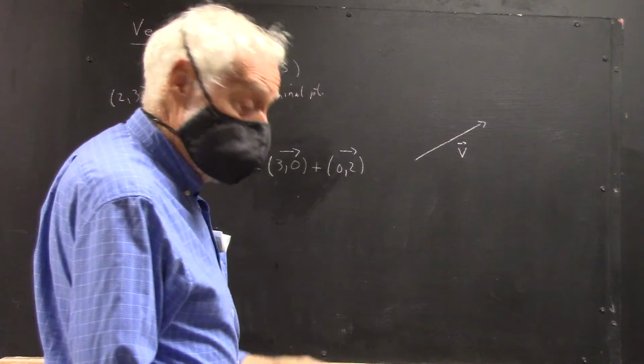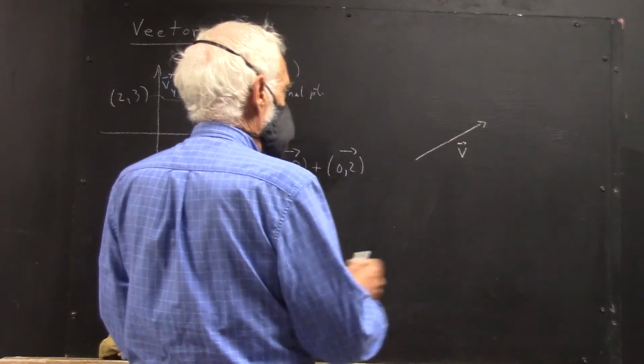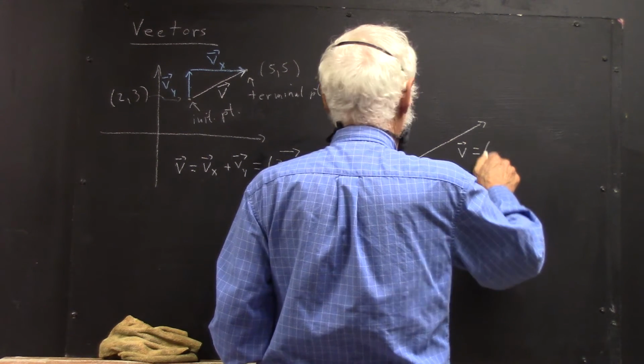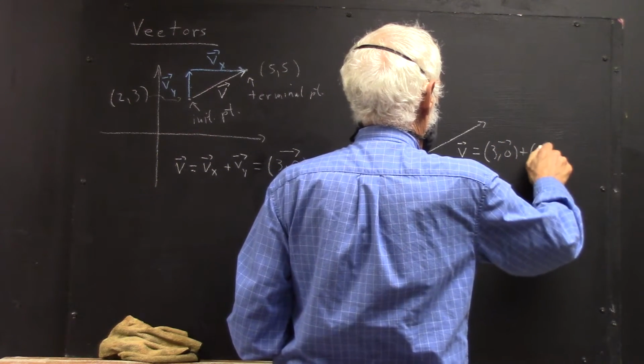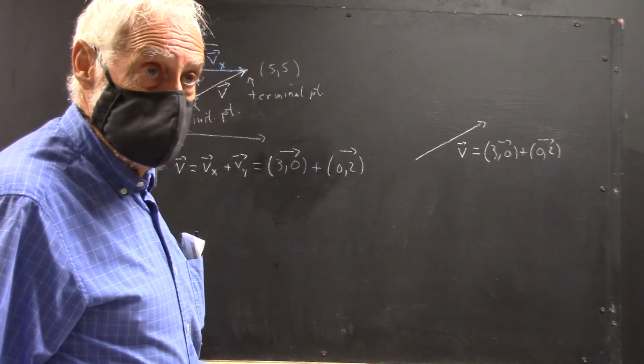Now that we've defined it, so here's your vector V, which is equal to vector 3, 0 plus a vector 0, 2.